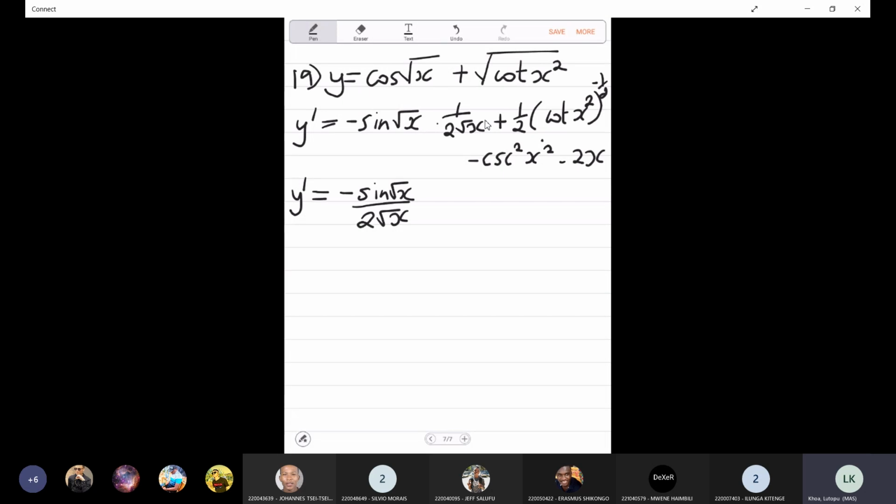And then this one in the numerator, I will have negative cosec squared x squared times x. So remember, this half and the 2 cancel. So I have negative x cosec squared x squared in the numerator, and then in the denominator, I have the square root of cot x squared.